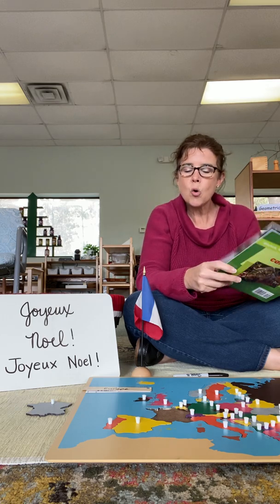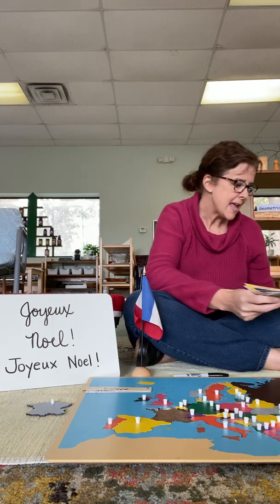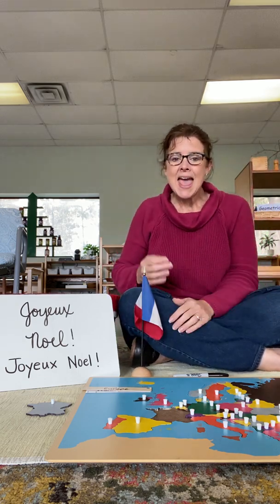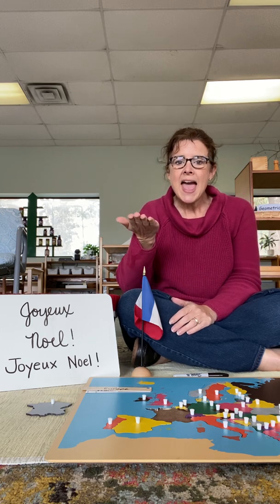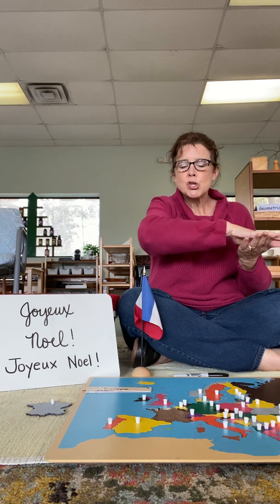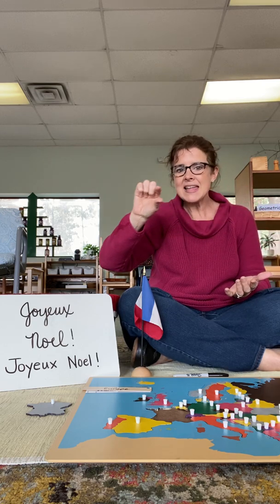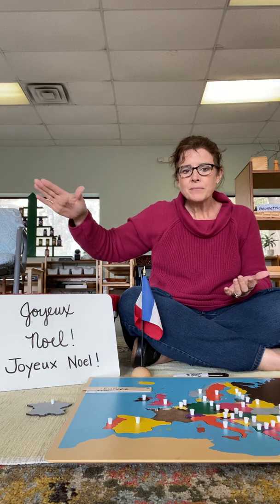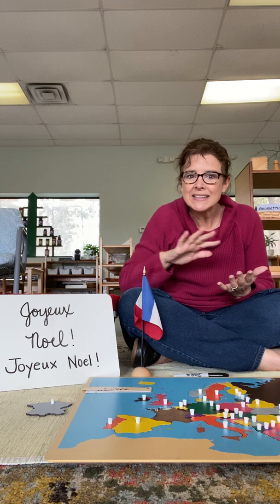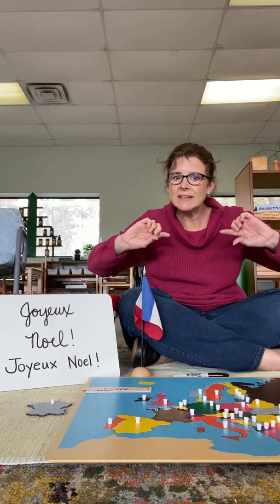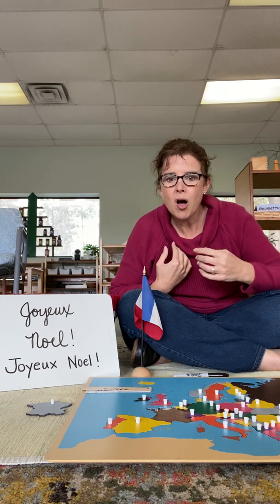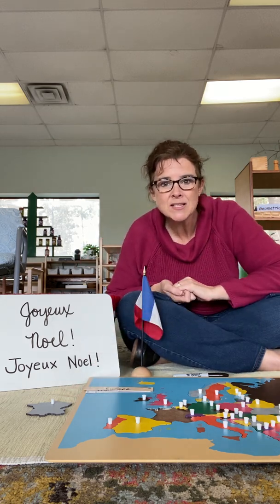A Yule log, or a bûche de Noël, is a chocolate layer cake that has been baked, and then they take a knife and they slice the cake right through the center to make it thin and long. They put a cream or a chocolate ganache filling on top, or even a jelly, and then they roll it up just like we roll our mat or our pencil roll.